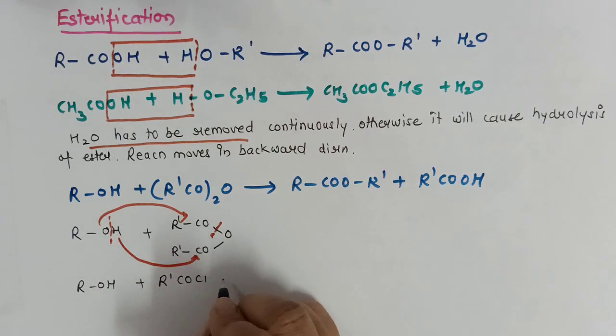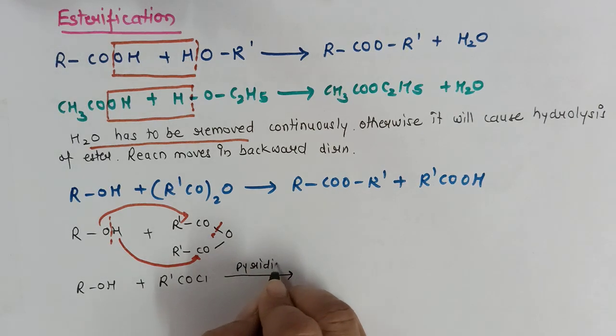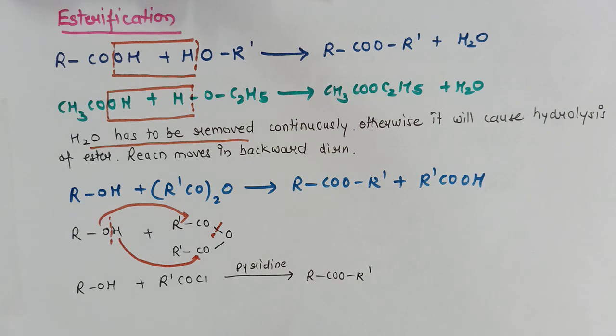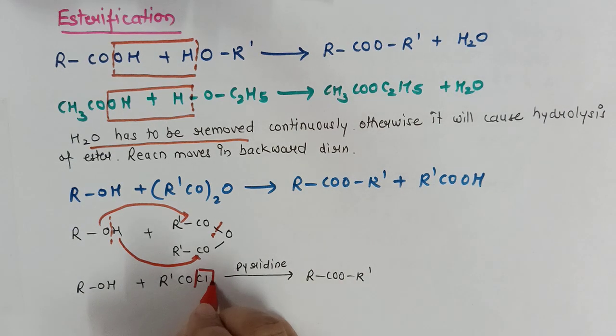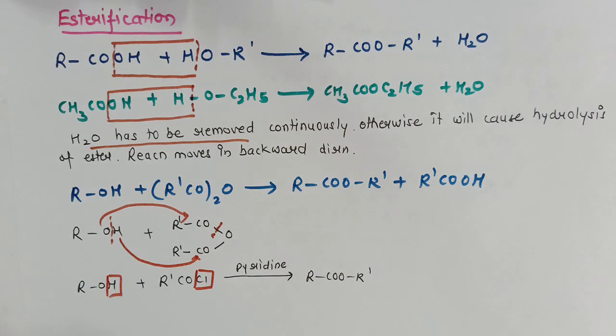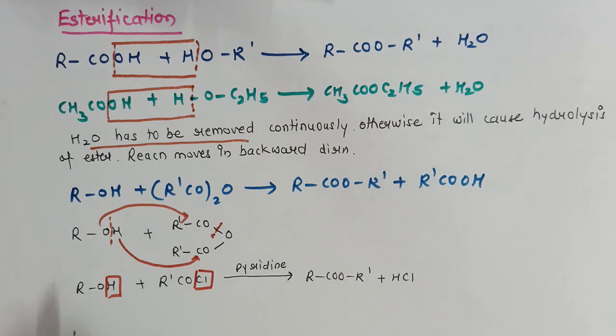Okay, so we can also form ester by reaction of alcohol with acyl chloride in the presence of pyridine. We get ester. The cleavage is a very interesting one. Chlorine from here and active hydrogen from alcohol are removed as a byproduct, and the remaining part forms ester.